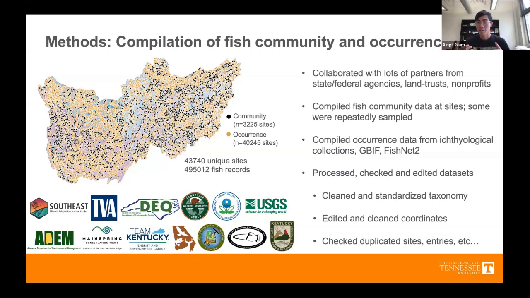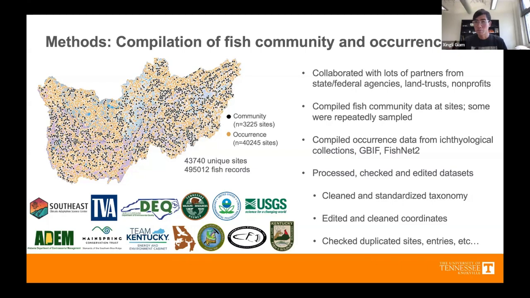So when you talk about fish community, it's non-targeted sampling. The crews are just going there and trying to figure out what community exists in the particular stream. And when you talk about occurrence data, it's data that is present in museums or in databases like GBIF, where researchers, usually taxonomists, go to a particular location.